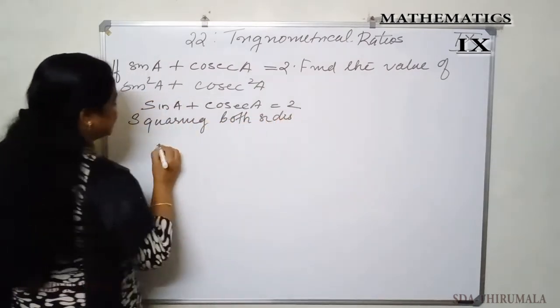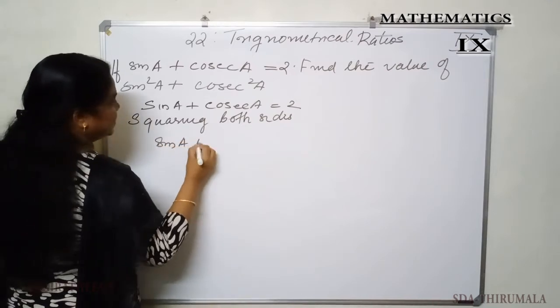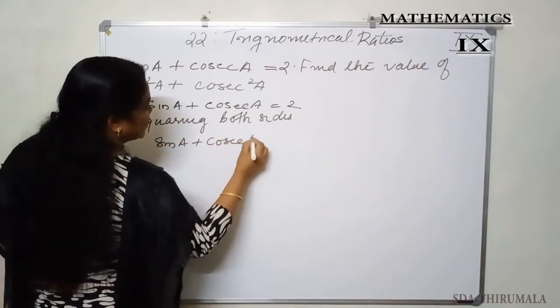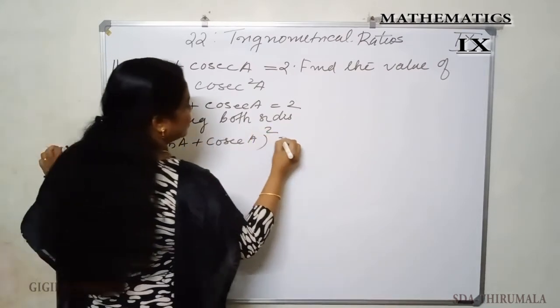Sin A plus cosec A, the whole square, is equal to 2 square.